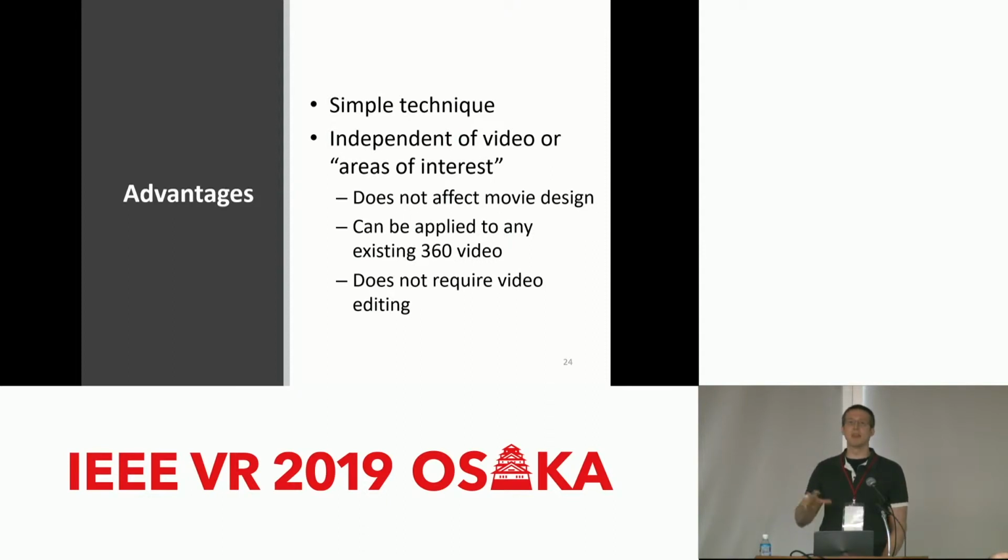You don't have to make creative sacrifices to your content, to your story, to your digital presentation to make it work. In fact, this can just be done with a simple wrapper on top of a 360 video player that can say, all right, let's do some detection based on physical orientation, look at time, and if we need to, let's add some supplementary rotation to it. So it's a very, very nice, simple solution.